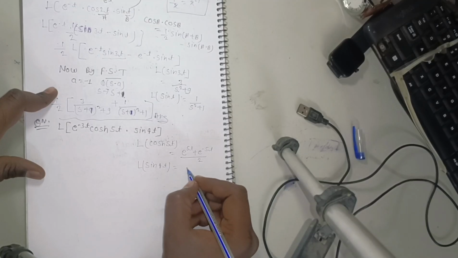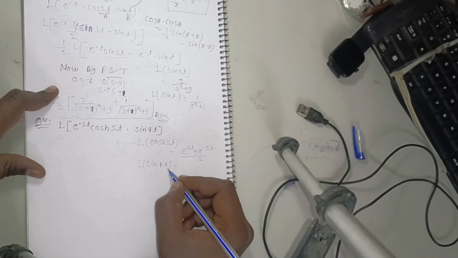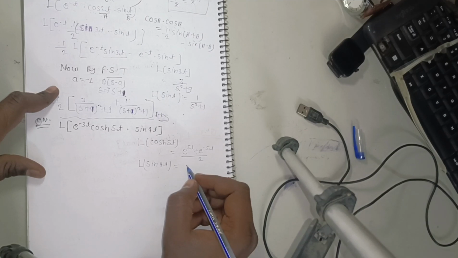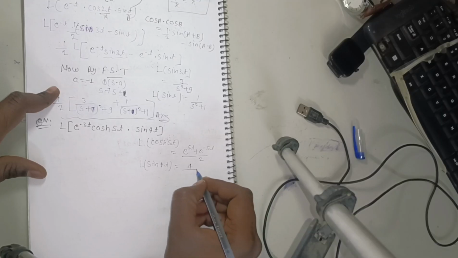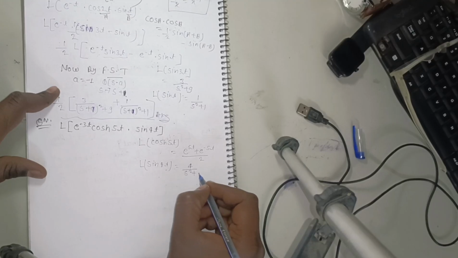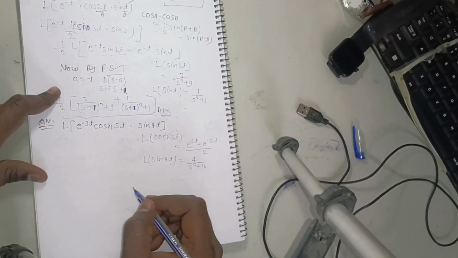What is the Laplace of sine 4t? It is a upon s square plus a square, which means 4 upon s square plus 16. Okay, this is sine 4t.